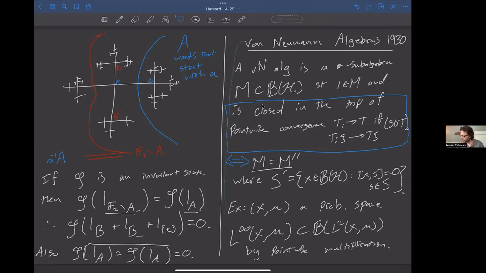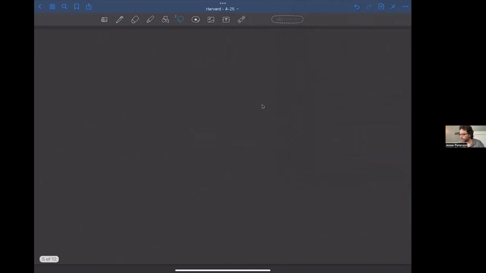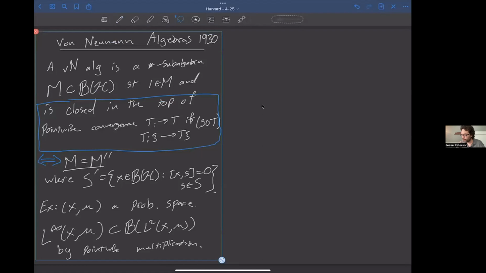It's a good exercise to check that this algebra, L infinity, is actually equal to its own commutant. If you have any operator that commutes with all of these L infinity functions, then it's already itself an L infinity function. What this means is that in particular, it's also equal to its double commutant, and hence is a von Neumann algebra.